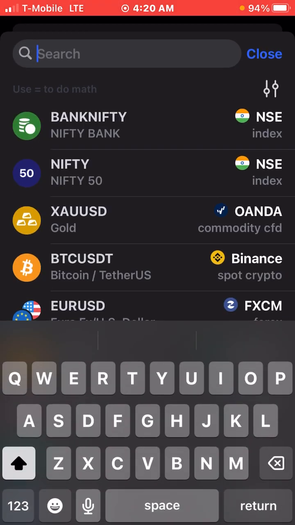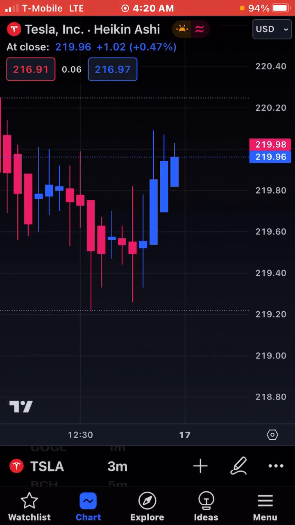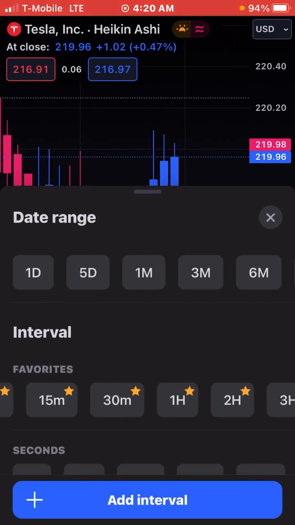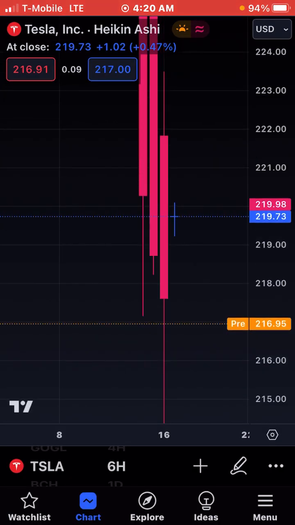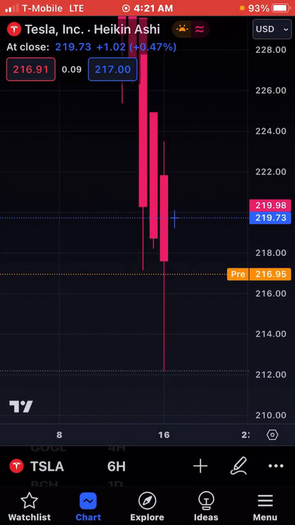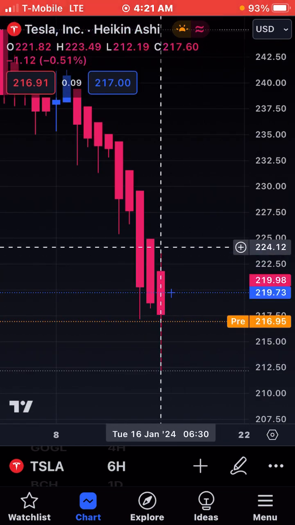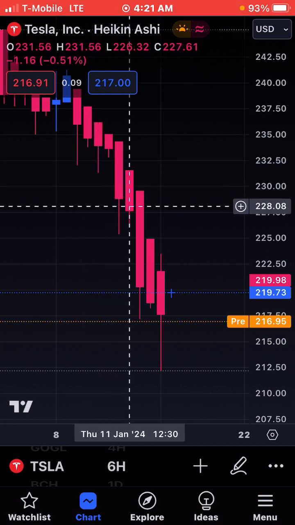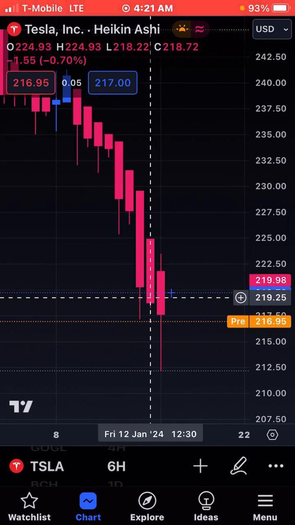So let's look at maybe a couple more here. Let's see what we can look at. Okay, let's look at Tesla real quick. And what we want to do here, we want to look on the 6 hour. And what you see right here is a direction, not in the last 6 hours, but you see a direction of it going down.